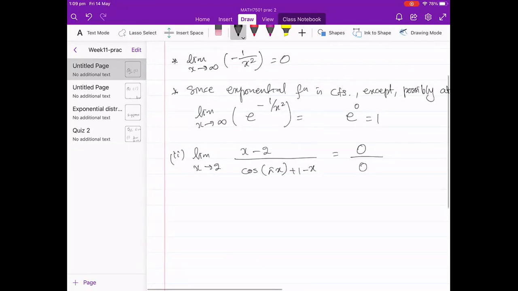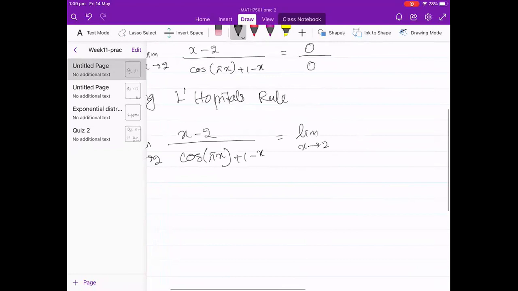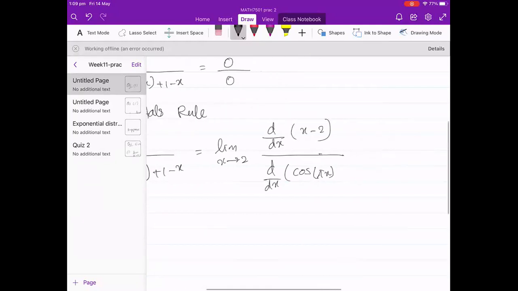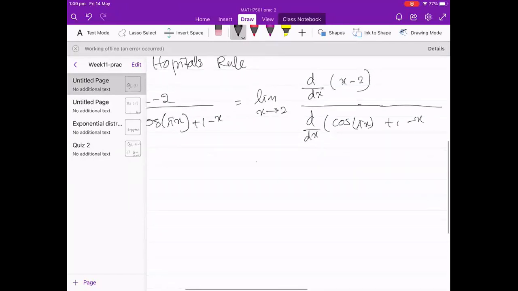So that means using L'Hopital's rule, we have the limit as x tends to 2 of x minus 2 over cos of pi x plus 1 minus x, which equals the limit as x tends to 2 where you differentiate both numerator and denominator.